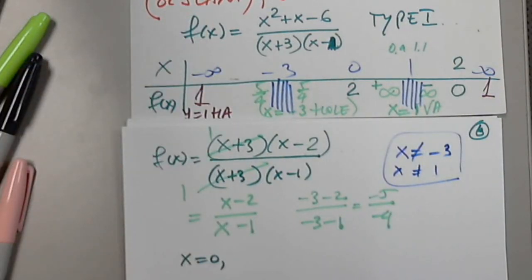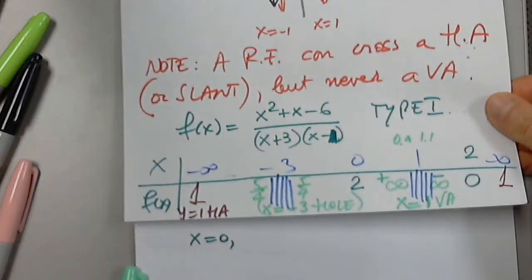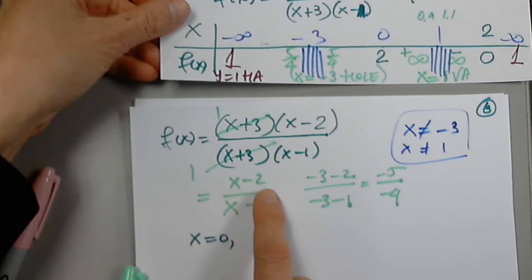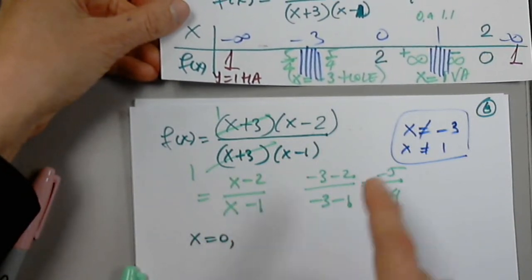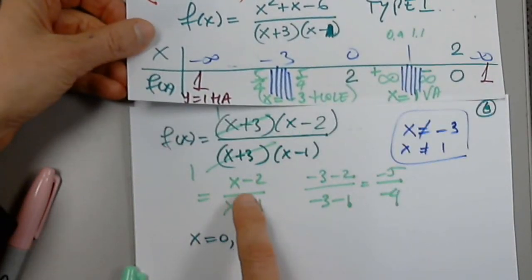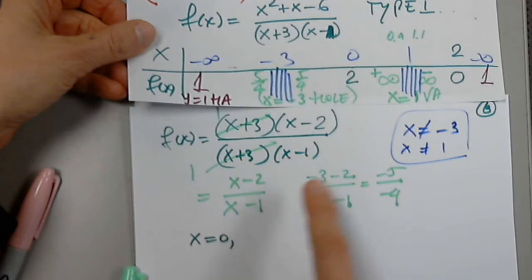I have to establish that before I even talk. So it's negative over negative, which is positive. And then here I have 1.1, which is negative over positive, which is negative.